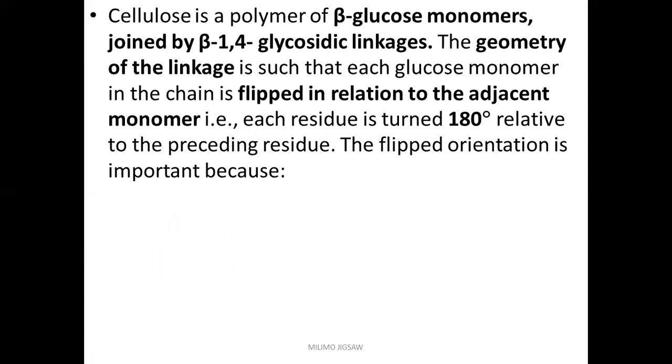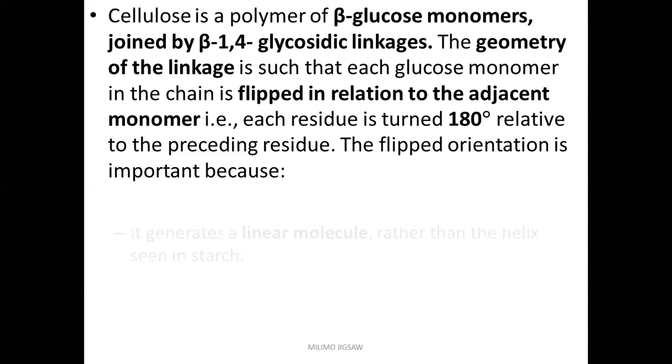So cellulose is a polymer of beta glucose monomers, which are joined by beta 1,4 glycosidic linkages. Now, because of the linkage geometry, each glucose monomer in the chain is flipped in relation to the adjacent monomer. Each residue will be turned about 180 degrees relative to its preceding residue.